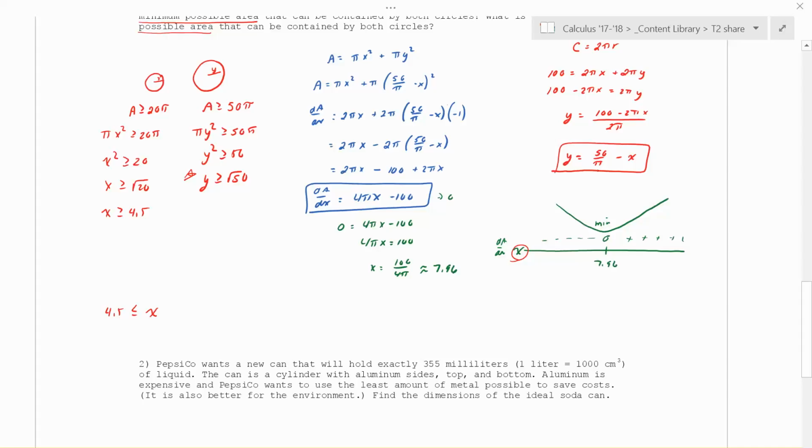So I'm going to use my substitution again: 50 over pi minus x is greater than or equal to the square root of 50. So negative x is greater than or equal to square root of 50 minus 50 over pi. Divide by negative 1: x is less than or equal to negative root 50 plus 50 over pi, which is approximately x is less than 8.84.